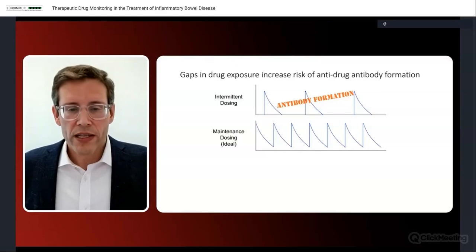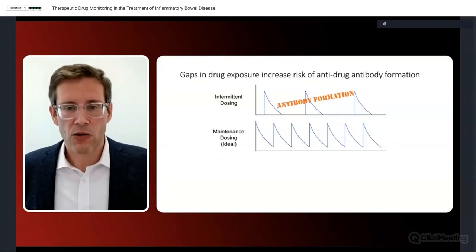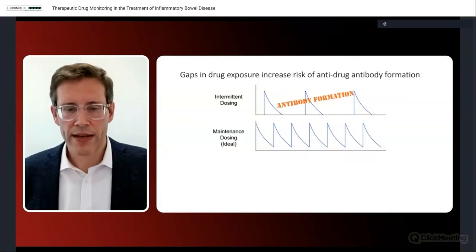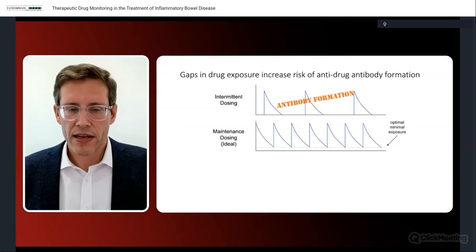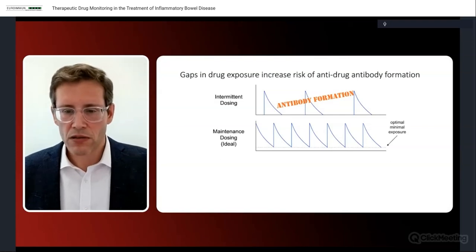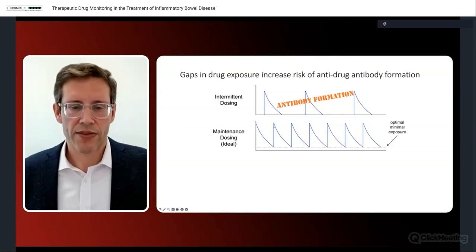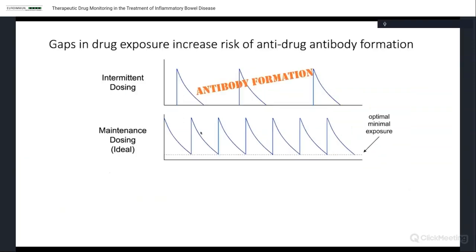So fairly quickly, we moved to maintenance dosing of these drugs, realizing that this resulted in a lower rate of antibody formation. With maintenance dosing, we're assuming that patients are getting a sufficient dose so they have a minimal lowest level of exposure throughout their treatment course.